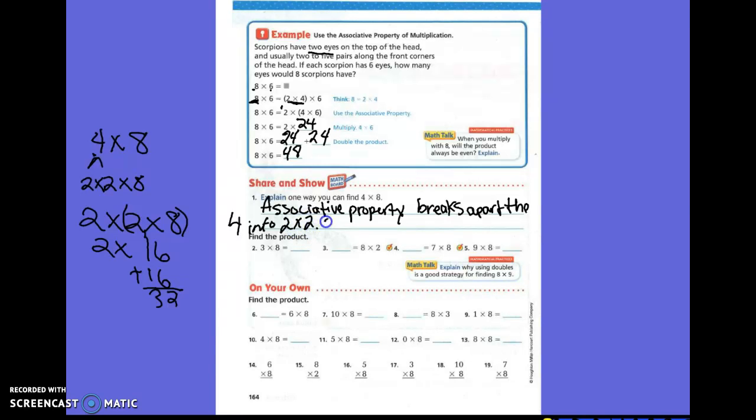So then we did 2 times 2 times 8. And we grouped the 2 times 8, and then that equaled 2 times 16.